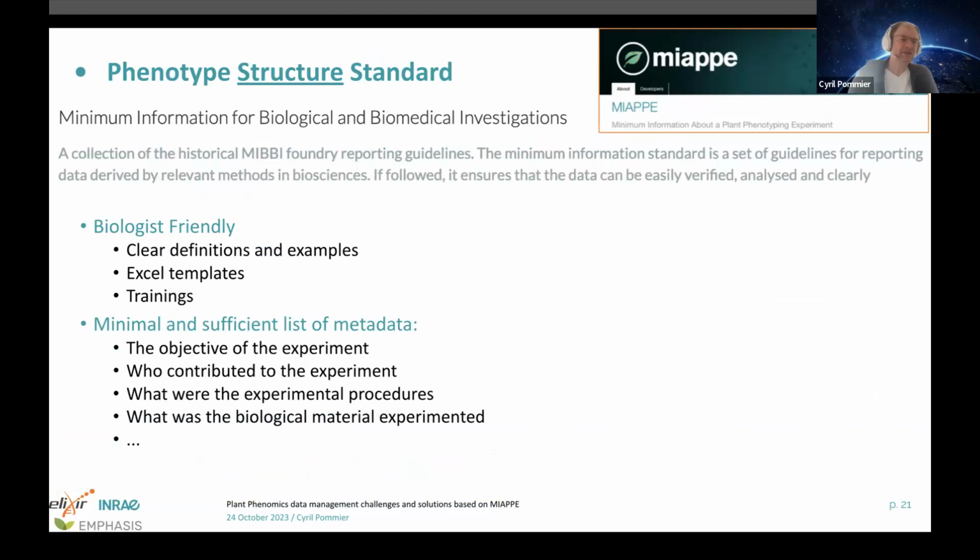It means also that it is provided through Excel templates because that's easy to manipulate, and that we have a lot of focus on training. It lists a minimal and sufficient list of metadata, including the objective of the experiment, who contributed to it, what were the procedures, and what was the biological material, and so on.